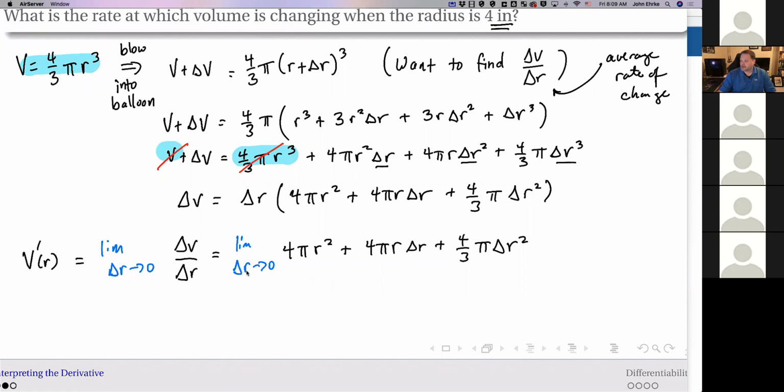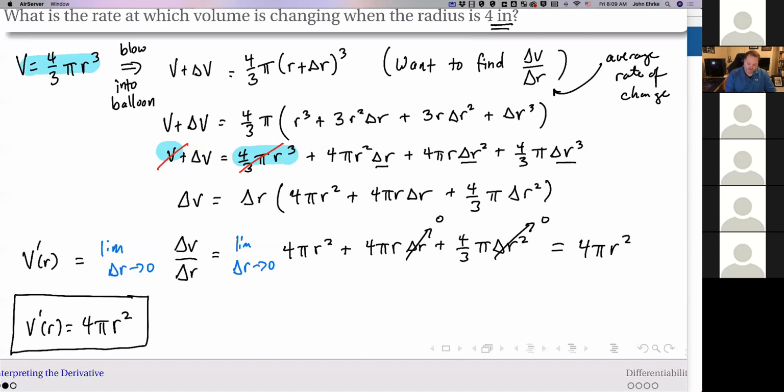But on the right-hand side, if I take the limit as delta R goes to 0, here's delta R, it goes to 0. Here's delta R, it goes to 0. What's left on the right-hand side is just this term right here. It's the only term that didn't have a delta R. You get 4 pi r squared on the right-hand side. So I know that the derivative for this problem is 4 pi r squared.